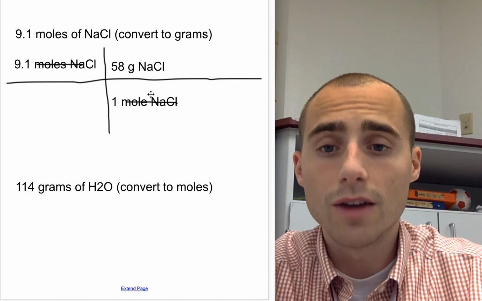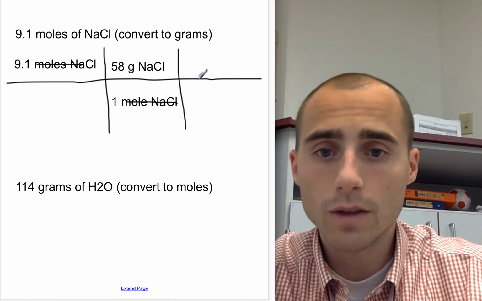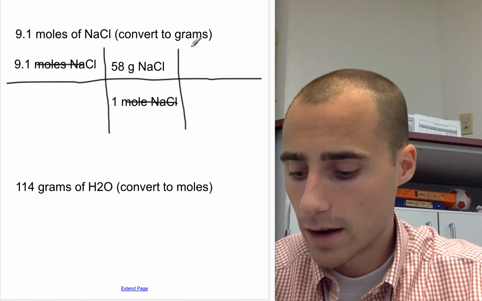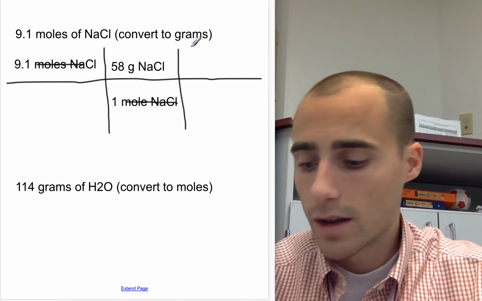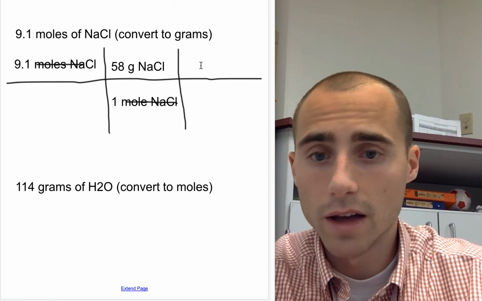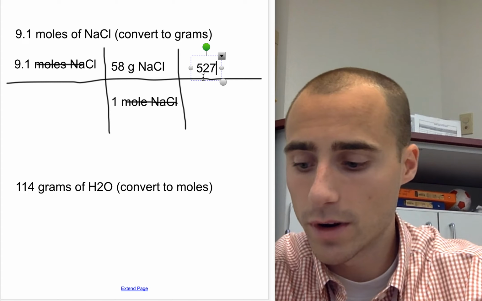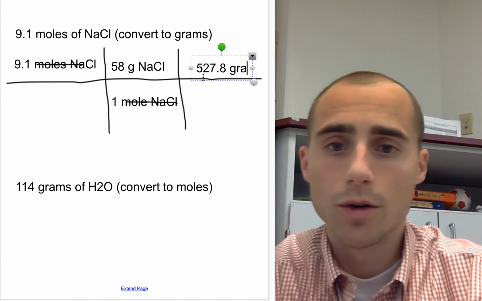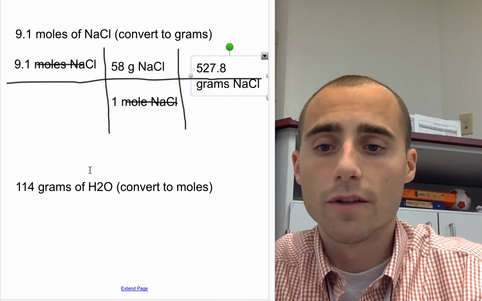So there's 58 grams for every 1 mole of NaCl. So then we just multiply across, 9.1 times 58. And in the end, if we had 9.1 moles of NaCl, we would finish with 527.8 grams NaCl. That would be our final answer.